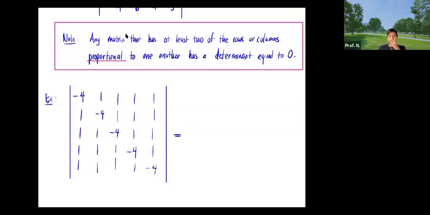Anybody have an idea? A whole bunch of ones and a whole bunch of -4s. Does anybody see it? Sometimes it's about seeing it.